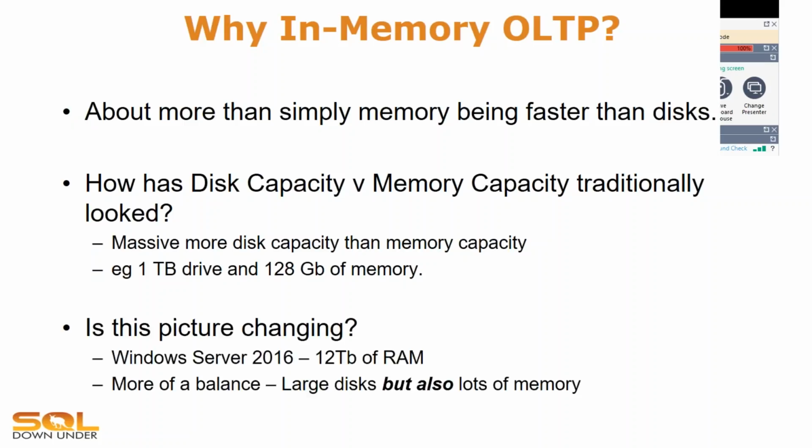But the picture seems to be changing a little bit at the moment. With Windows Server 2016, we can have up to 12 terabytes of RAM, which is a huge increase, and we can let our SQL servers take advantage of that. So the disparity between on-disk and memory allocations is not quite as pronounced as it once was. As we'll probably see through this presentation, disk is still crucially important, which is a little bit ironic, but we'll talk about that as we go on.